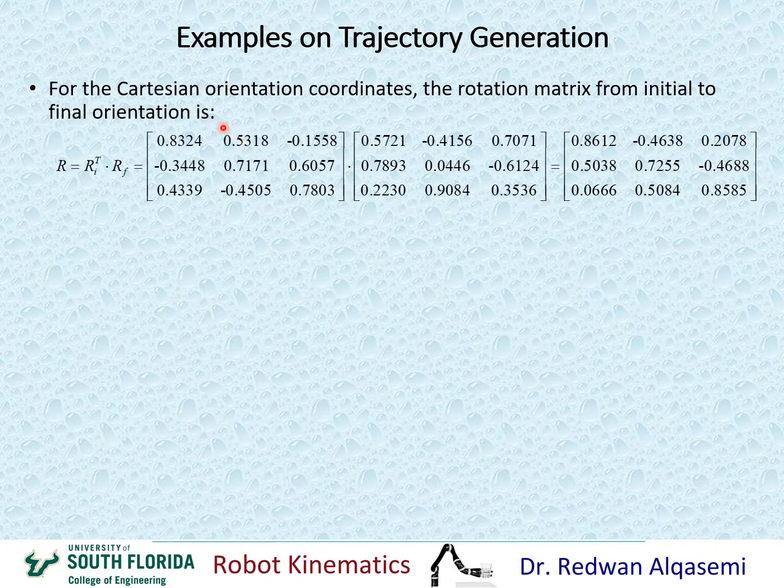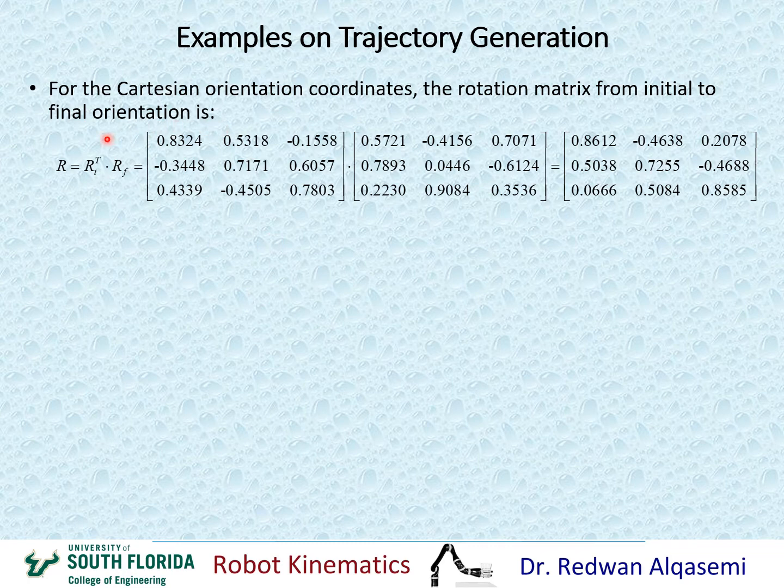For the Cartesian orientation coordinates, the rotation matrix from initial to final will have to be defined. Remember, this method here is a different method from finding the Cartesian linear coordinates x, y, z. So here, this is a long method that we discussed earlier.